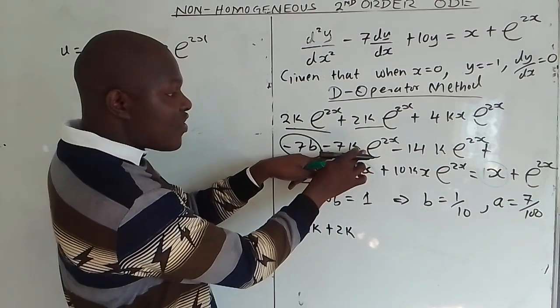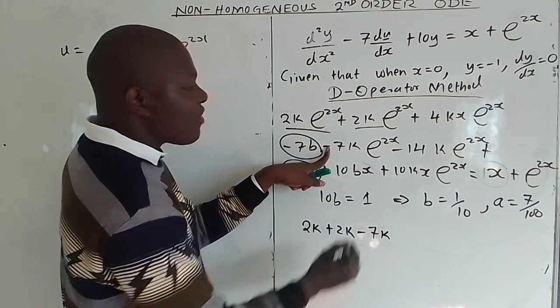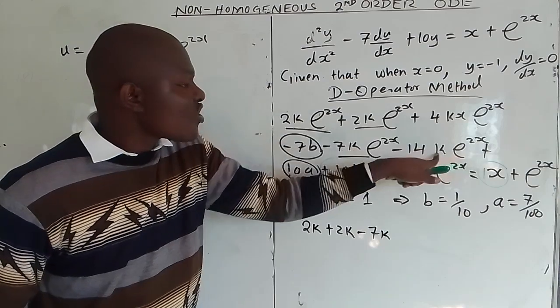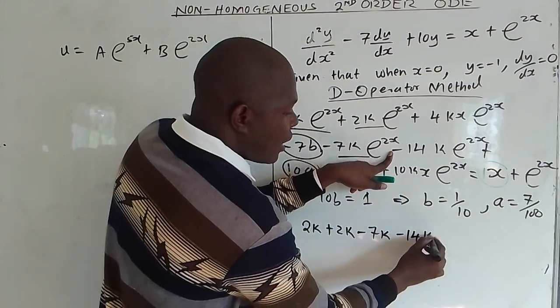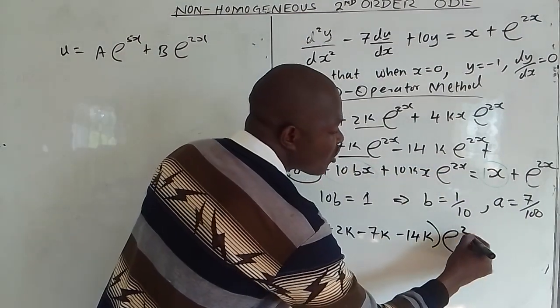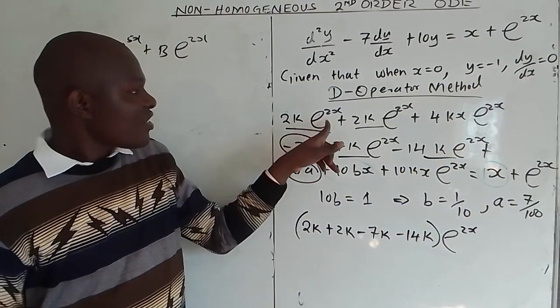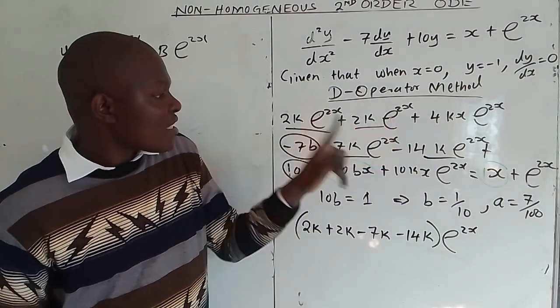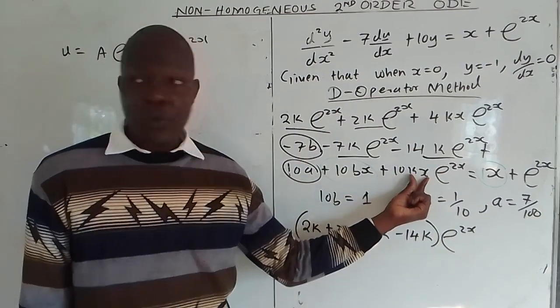Then this other one, see, there's no x here. Its coefficient is negative 7k. We need it. This one, see, there's no x here. Its coefficient is negative 14k, isn't it? So all these are coefficients of exponential 2x. We've collected them. This is exponential 2x, exponential 2x, exponential 2x, exponential 2x. This one has x, we don't need it.